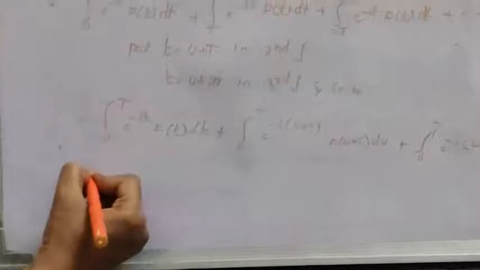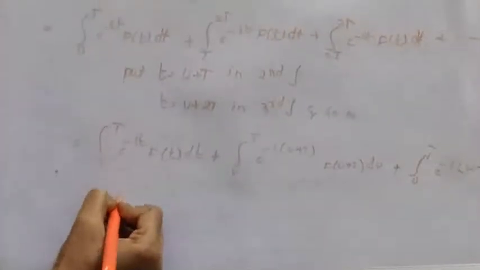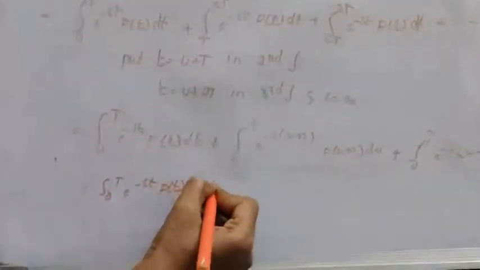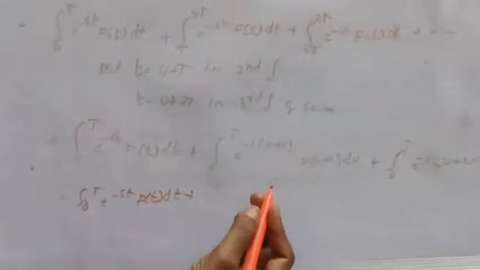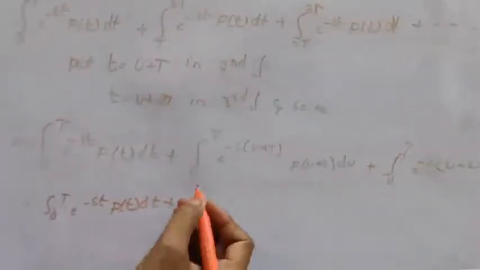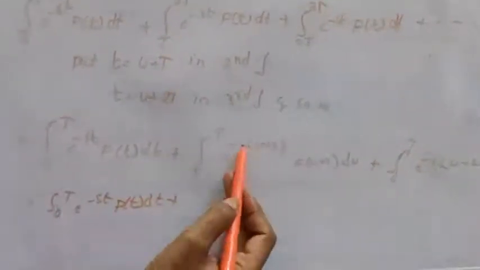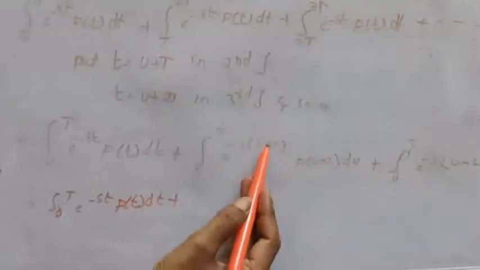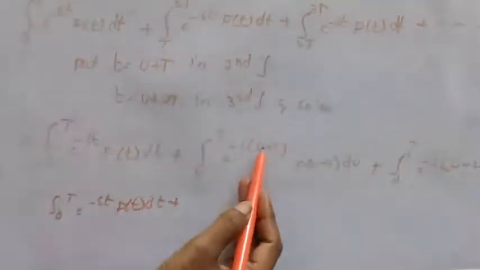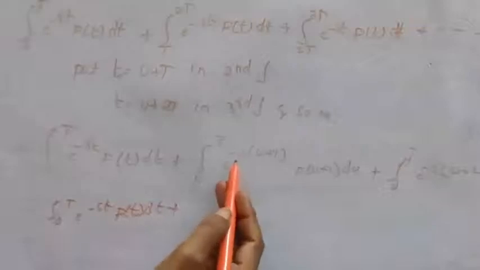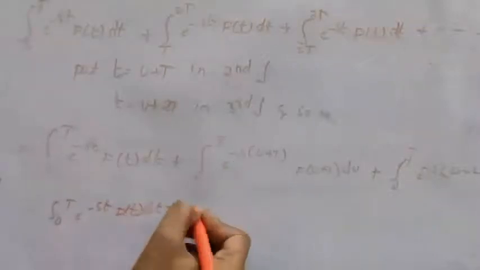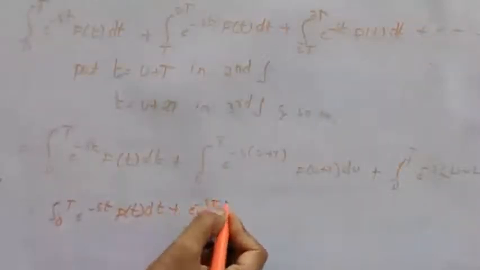Now write down the first term like that only: integral 0 to T of e power minus st f of t dt. Plus, from the second term, e power minus su minus sT you will get, so I bring e power minus sT out of the integral.